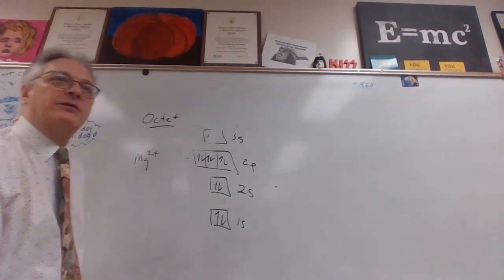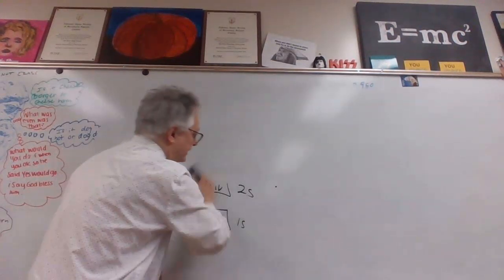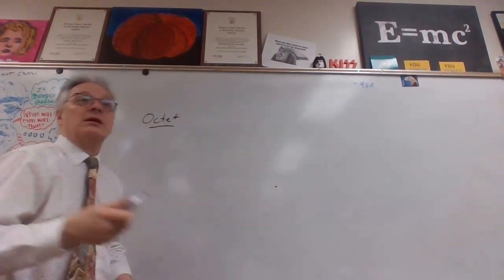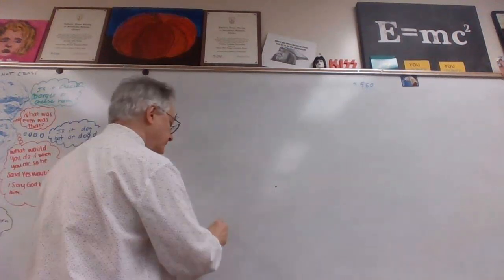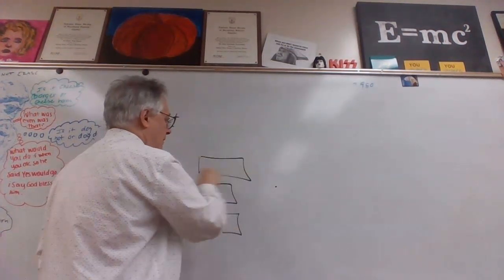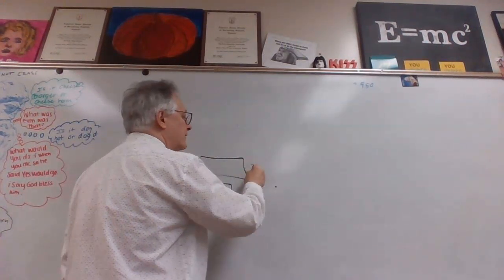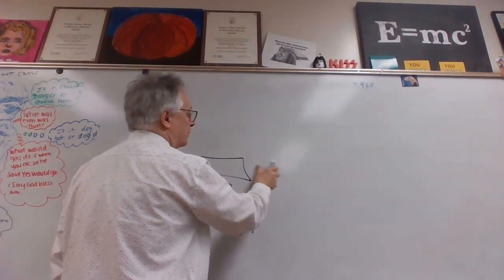Now let's take a trip to the other end of the periodic table. Things like nitrogen, oxygen, etc. Taking a look at nitrogen, we have the 1s orbital, the 2s orbital, and the 2p orbital.